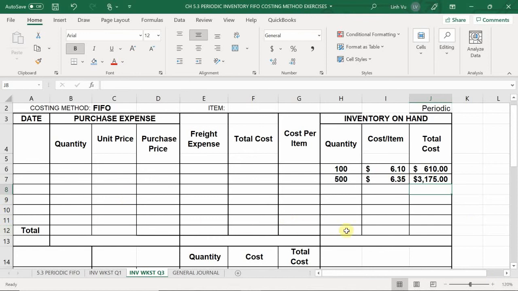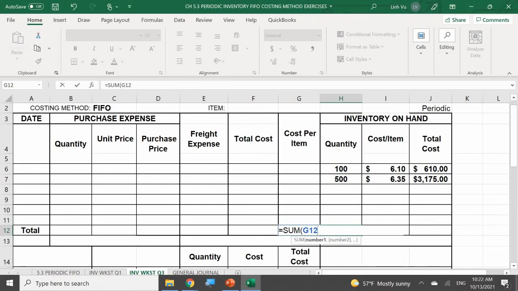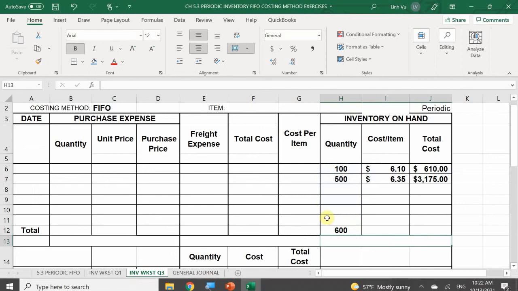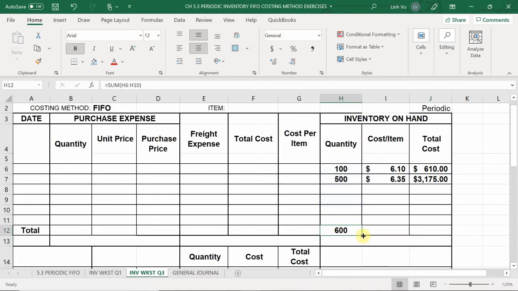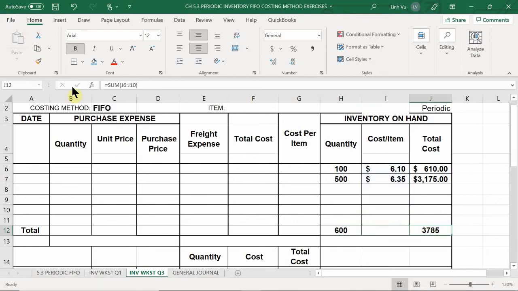In my total, I'm going to equal sum this to ensure that I transferred the correct amount of inventory from my previous inventory. So here I have 600 units costing me a grand total of $3,785, which we know is correct. That is exactly what we solved for in the previous worksheet. So this section is complete.